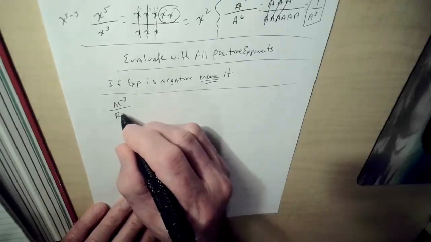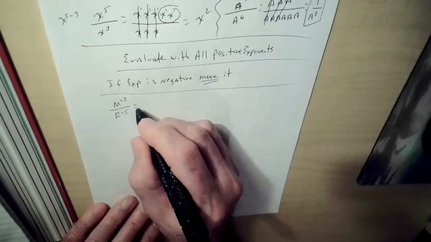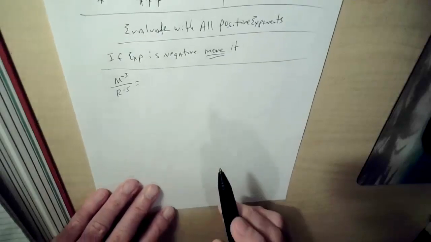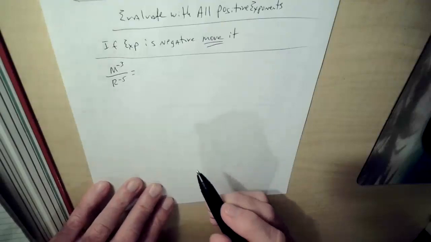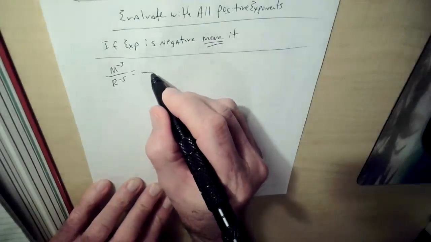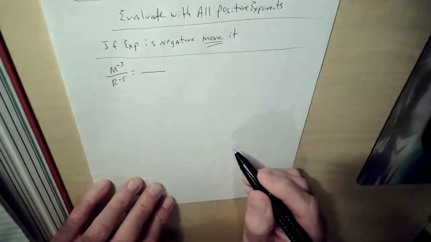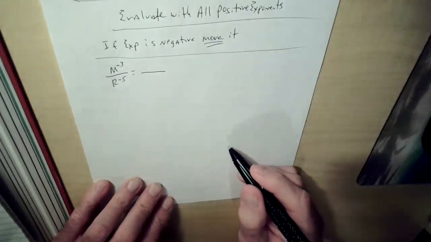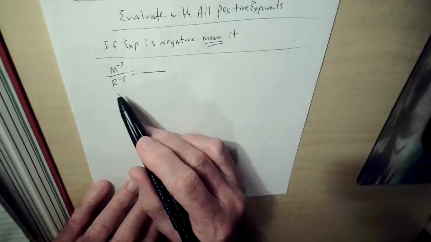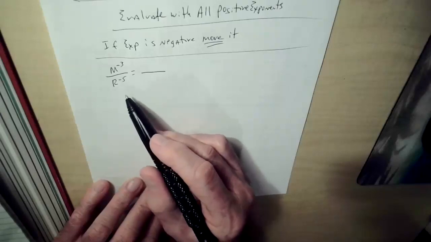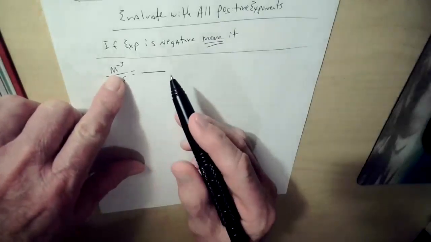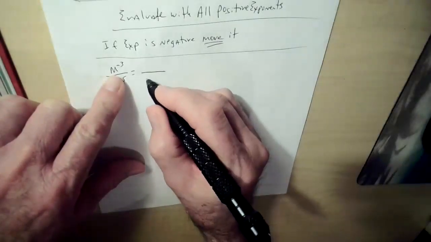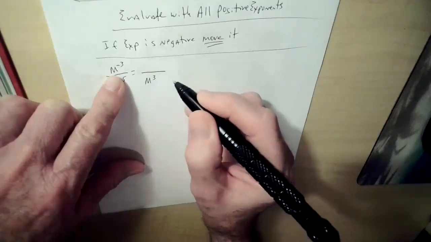So if you have m to the minus third over r to the minus 5. Look, I'll tell you the simplest way of doing this because it's kind of confusing. Draw the fraction bar. Take these one at a time. You don't really get any more difficult than this.